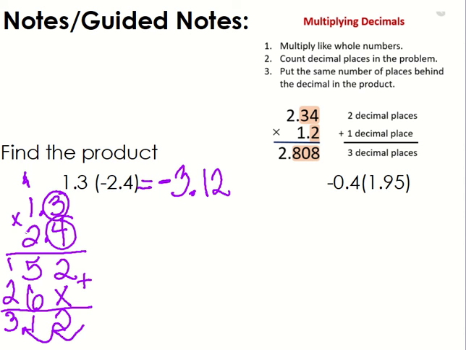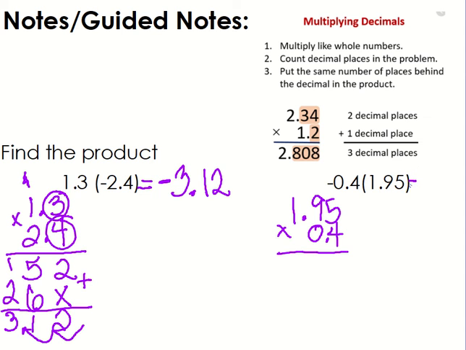So in that one, it didn't matter which one was first and second. But in the second one, if you notice, we have -4/10 multiplied by 1.95. They have a different number of digits. When you have a different number of digits, you always want to make sure you have the one with the larger number of digits first, and then the one with the lesser digits second.